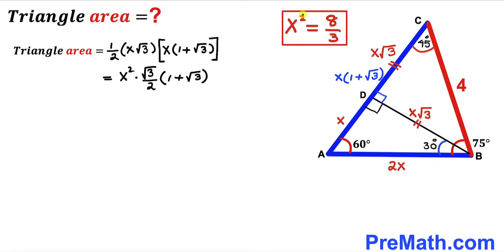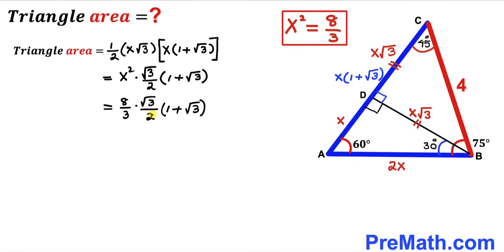Now we know our x squared value is 8 divided by 3. We are going to replace x squared with 8 divided by 3 over here. So we can write 8 divided by 3 times the square root of 3 divided by 2 times 1 plus the square root of 3.